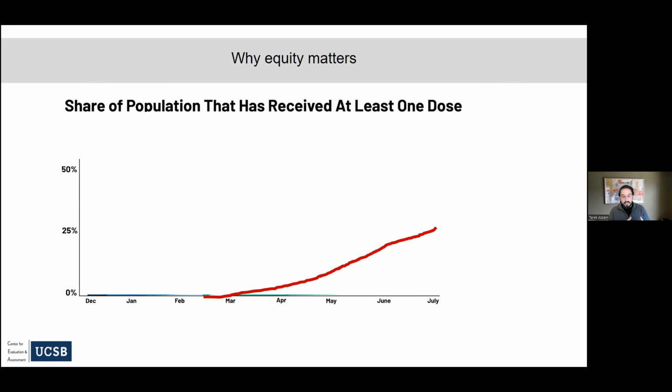And as you can see from this visual, it seems like things are going really well. That overall, there's progress towards achieving high access to the COVID vaccine.